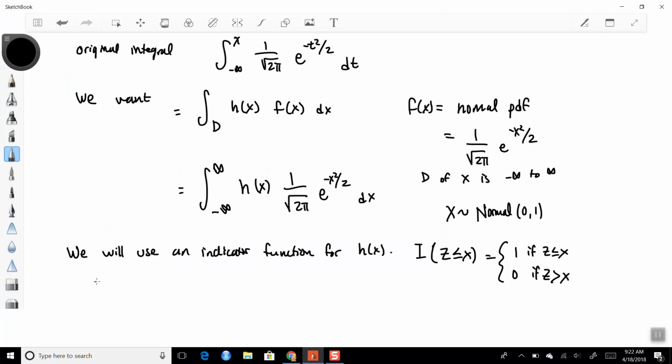Basically, we can split this up into two parts: negative infinity to x of our indicator function, z less than or equal to x, of... I should use a different letter here.